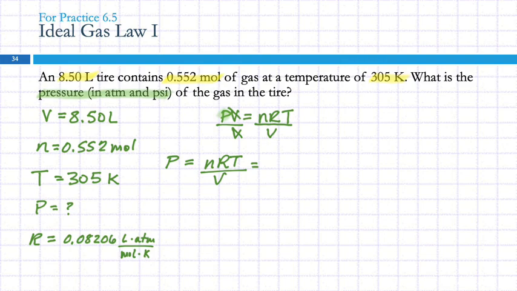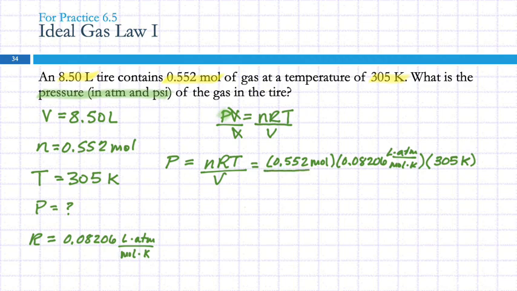So now I'm going to just plug everything in. N is 0.552 moles. Always write the units. R, 0.08206, write all these stupid units, liter atmospheres per mole Kelvin. And the temperature was 305 Kelvin.